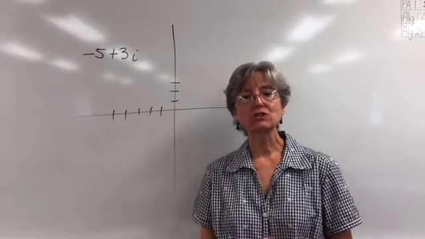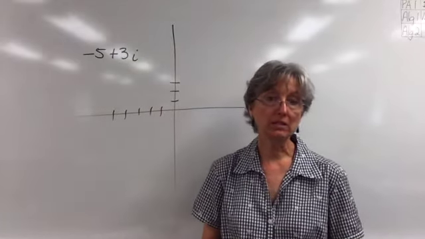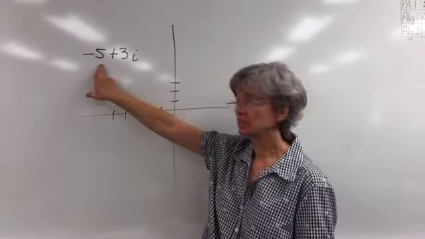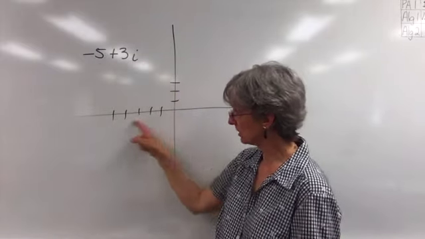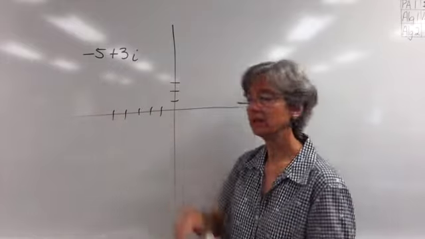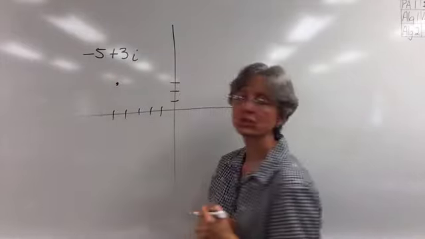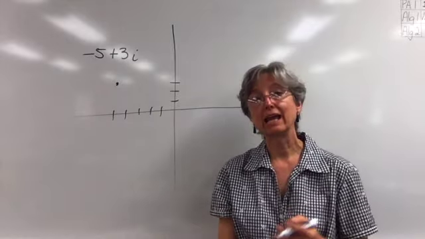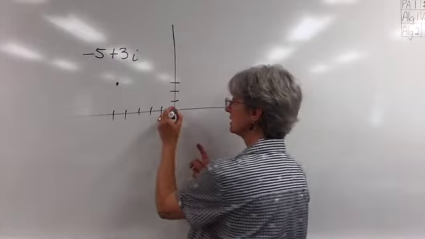Okay, so if I ask you what is the graph and what is the absolute value of this complex number, then remember this is your x, this is your y. So when you graph it, you go to the left 5 and up 3. It's negative 5 is the real part, positive 3 is the imaginary part. I've just graphed it. Okay, now I want the absolute value. How far is this from 0?